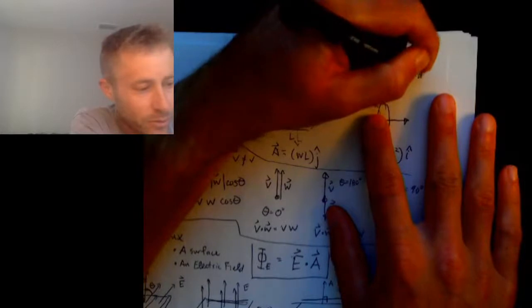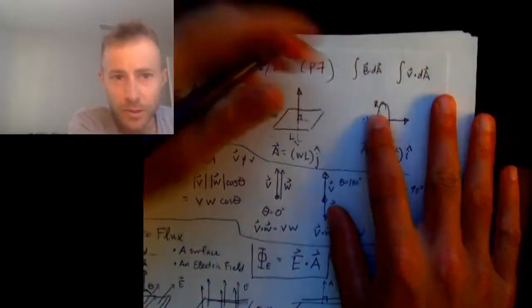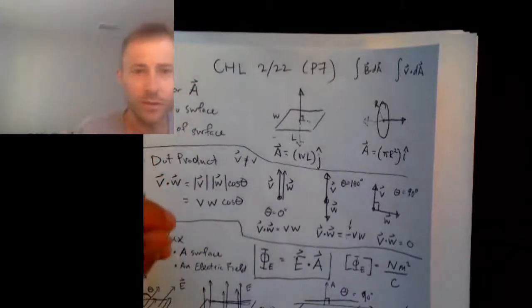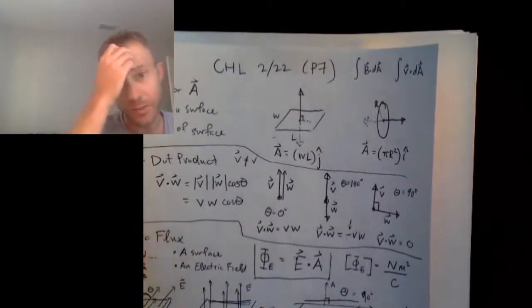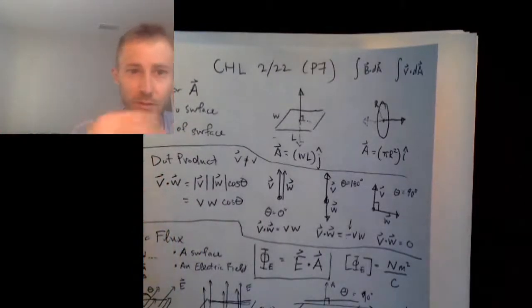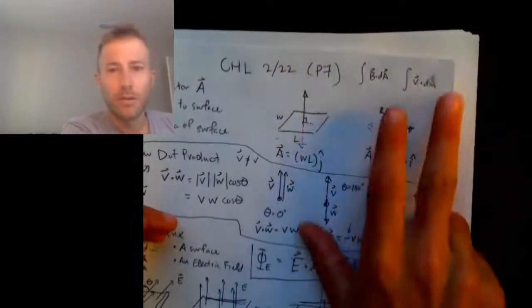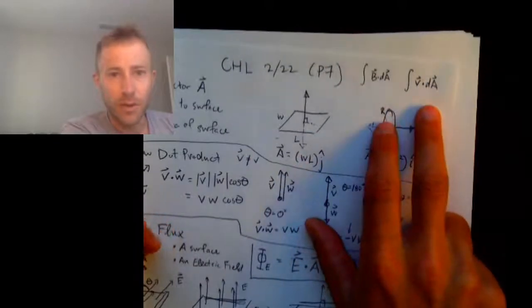That's related to how much fluid is flowing through a surface. So if you have a pipe and you do a flux integral across the cross section of the pipe, that'll tell you how much fluid is flowing through the pipe. So these appear all the time.